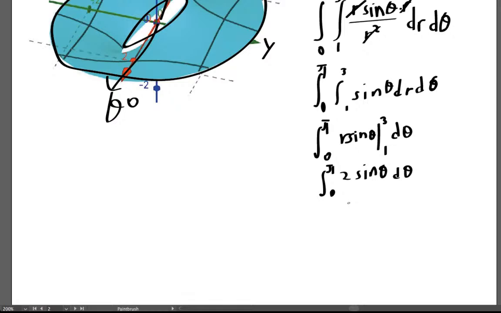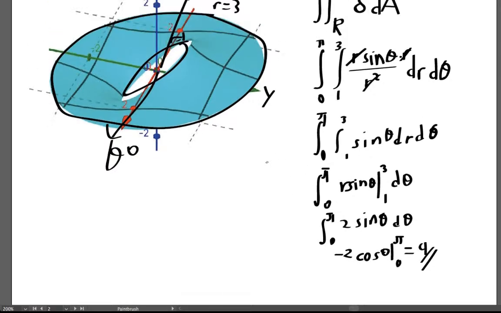It's negative 2 cosine theta from pi to 0. Cosine of pi is negative 1, so that's 2. Then minus that by negative 2 times 1. So that's a total of 4. And this is the mass of the object.